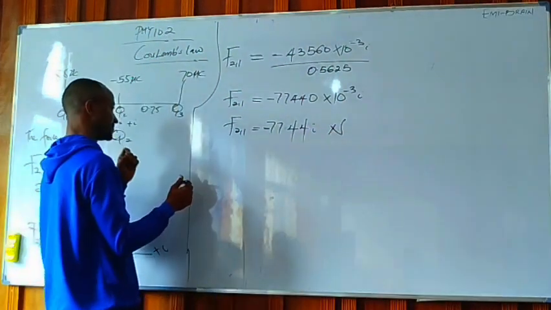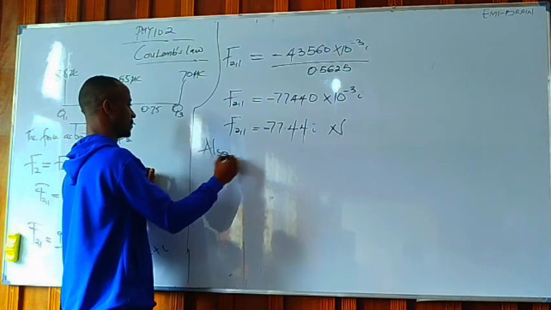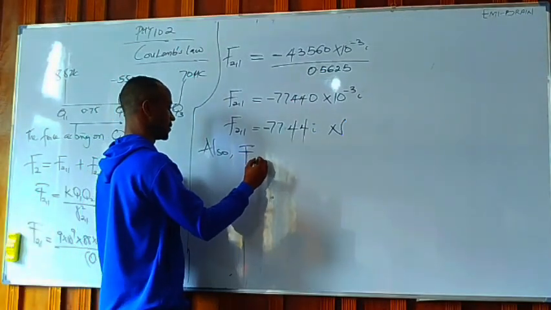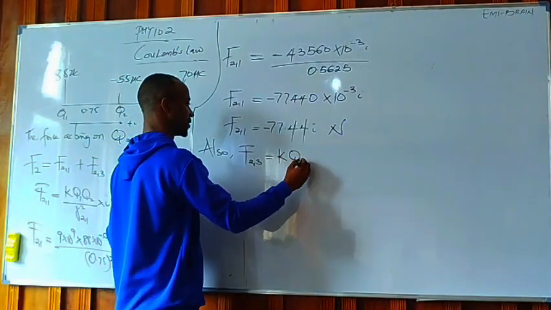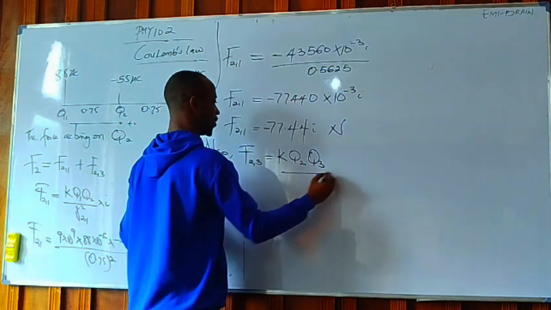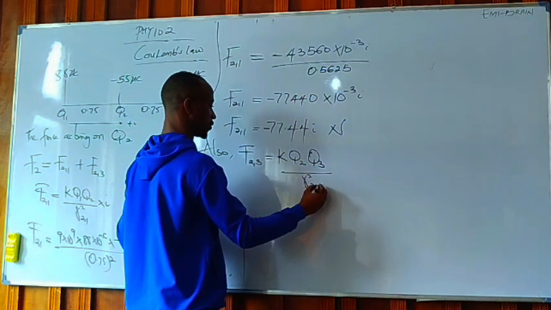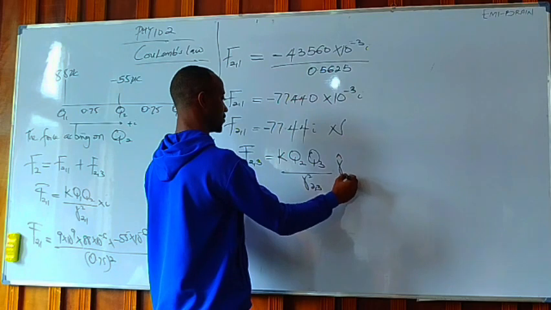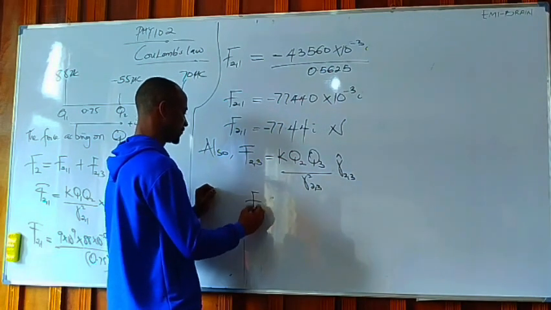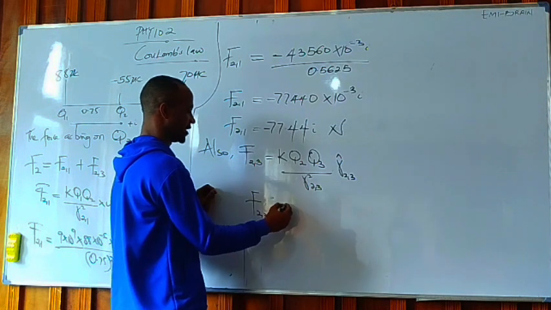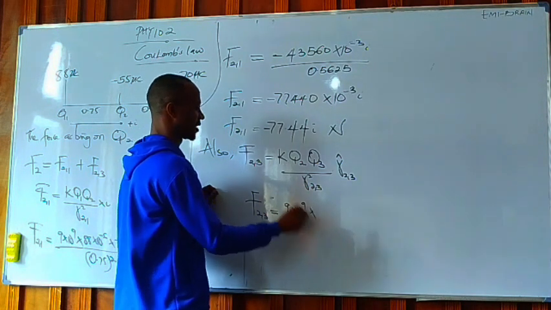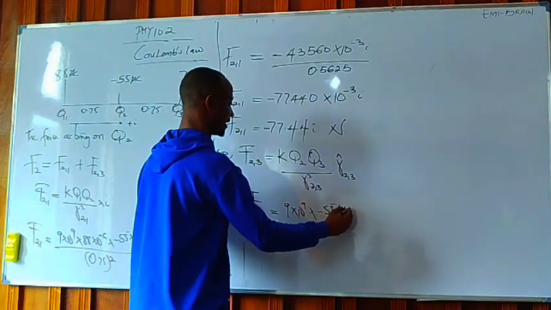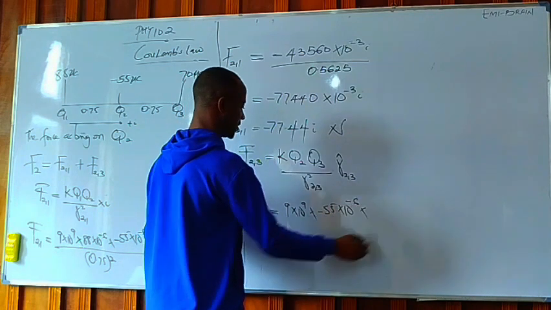Okay. Also, let's find our F23. F23 is k q2 q3 over r23 squared times the unit vector of 23. Is it making sense? So F23 becomes, what's our k value? 9 times 10 raised to power 9. What's our q2? Minus 55 times 10 raised to power minus 6.